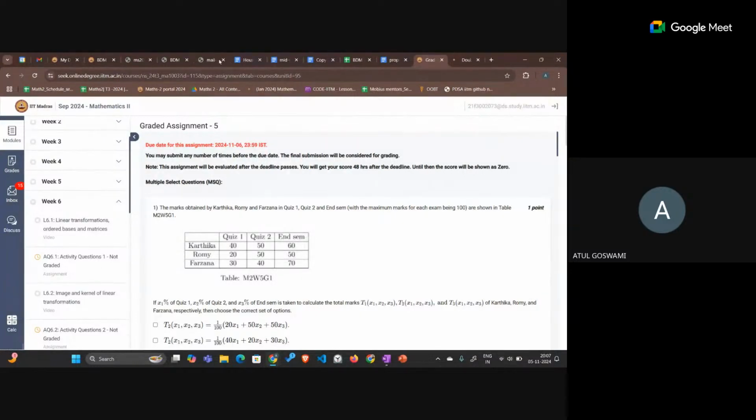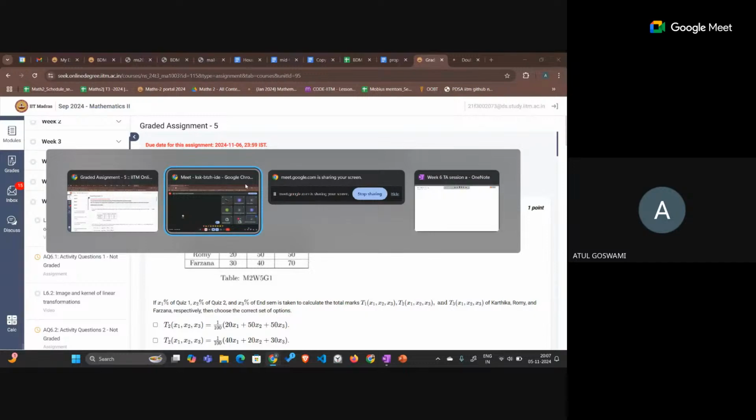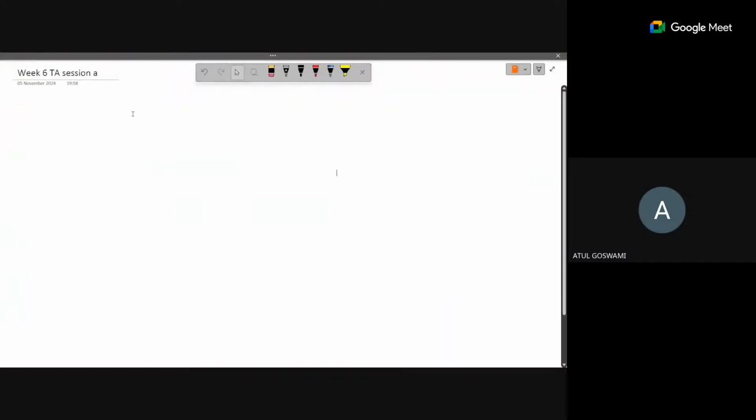So just before starting, suppose this is a linear transformation T from R2 to R2. Let's take an example. Suppose we take a vector in R2, apply this mapping T, and we get x plus y comma x minus y.